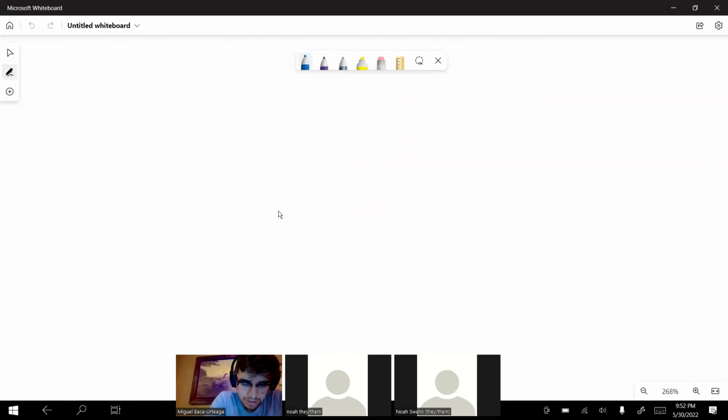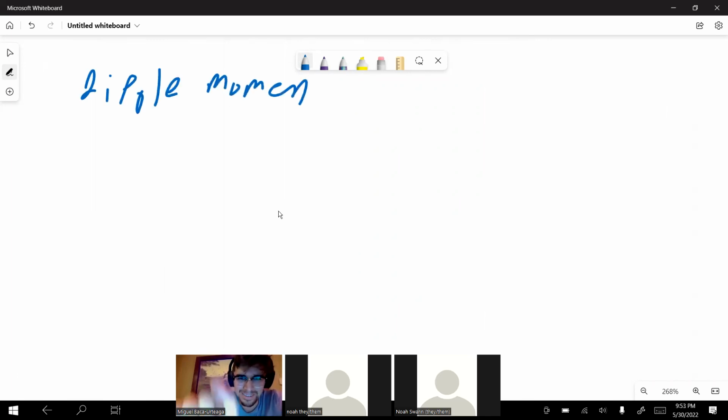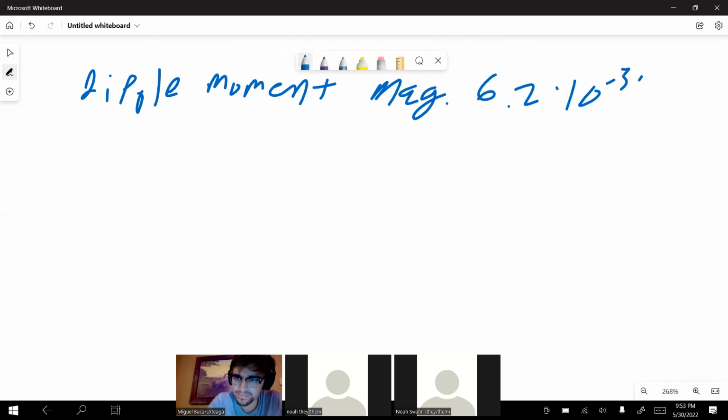So we have an H2O molecule. I'm going to write dipole moment, and I'll write mag for magnitude. That's going to give magnitude 6.2 times 10 to the negative 30, and I'll draw out the figure here.